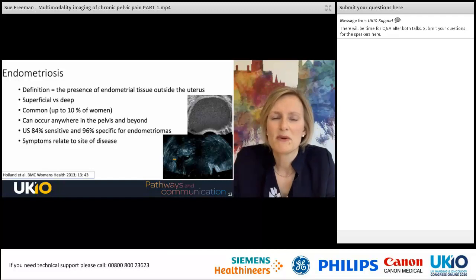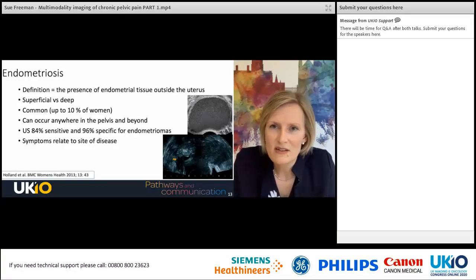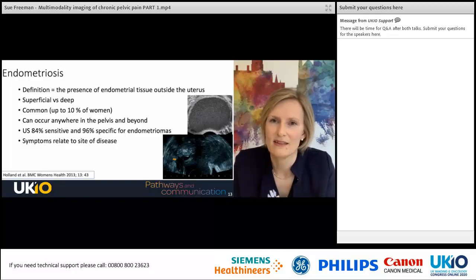But also remember that endometriosis causes fibrosis and adhesions within the pelvis, and therefore we may see the effect of those adhesions, including adhesions between the uterus and ovaries, causing kissing ovaries, where they are sited in the pouch of Douglas behind the uterus.